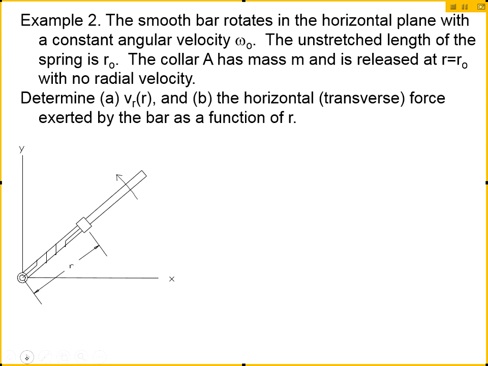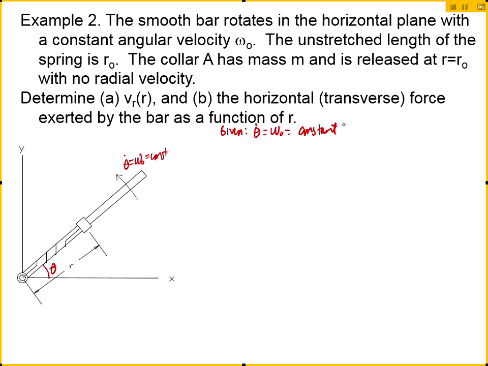The smooth bar rotates in the horizontal plane with a constant angular velocity omega naught. So we're given here theta dot, which is omega naught, and it's constant. I'm going to define this as my theta, with theta dot equals omega naught equals a constant. And you agree that in this problem, you have radial and transverse written all over it.